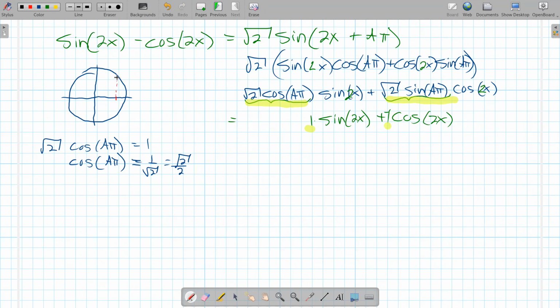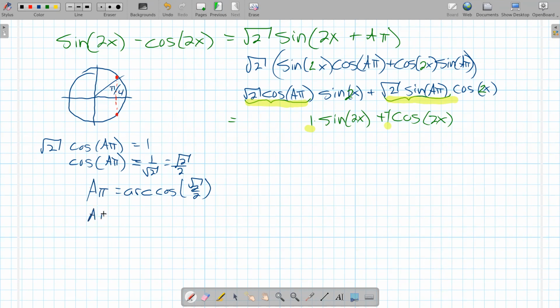So that means we have this point here or that point there. And if we apply the arc cosine here, so then we would get a pi equals the arc cosine or inverse cosine, square root of 2 over 2. Arc cosine only knows about the top half of the circle, so it's going to say that's pi over 4.